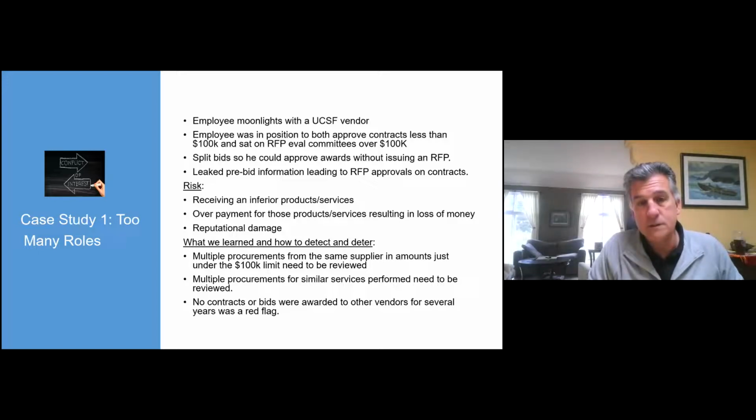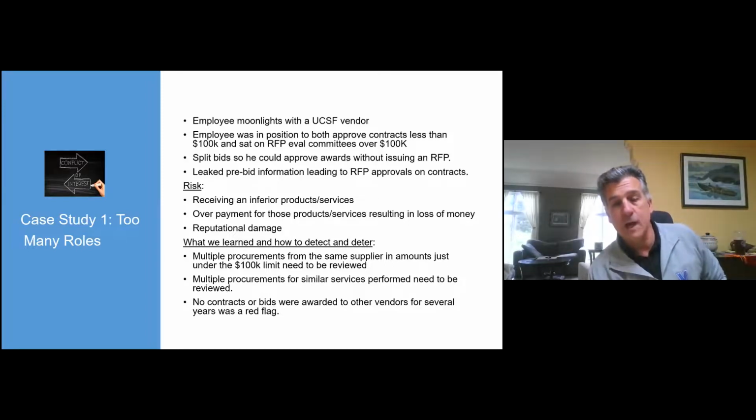The risk in this, obviously, is UCSF could receive an inferior product or inferior service. We could overpay for those products and services, which would result in a financial loss. And then again, the reputational damage to UCSF for being associated with this kind of fraud.